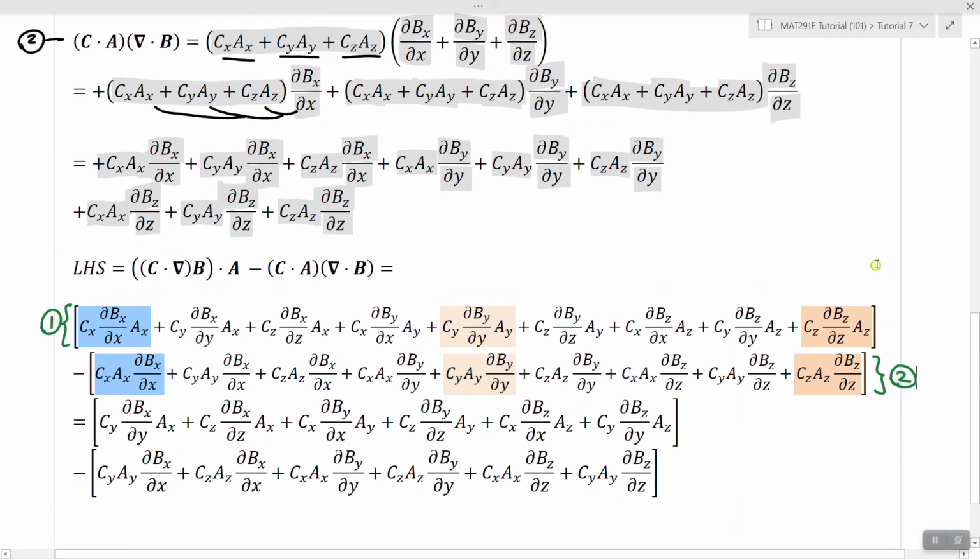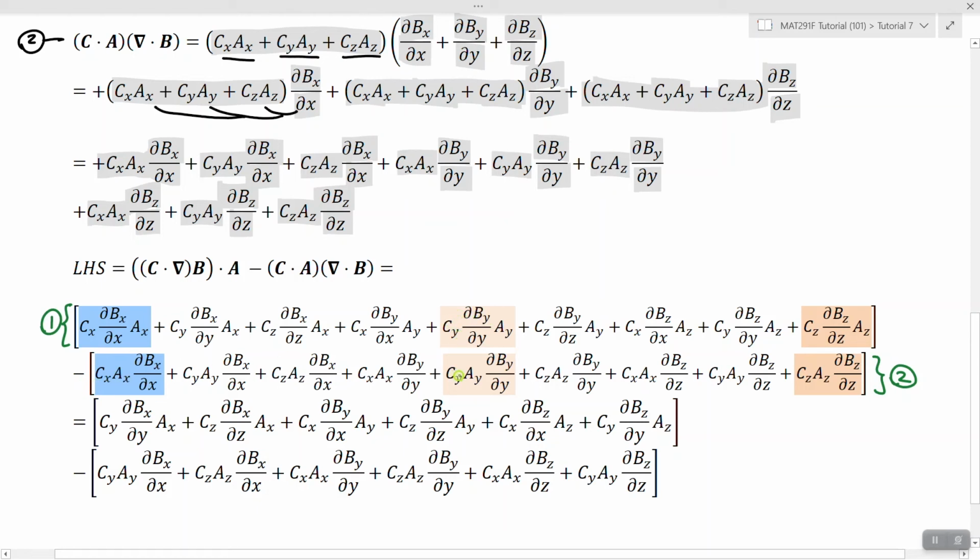And then you will notice that a few things will cancel. They are the ones highlighted. So you can see that there is the cx partial x bx ax. This also appears in the second term right here. Same thing for y.